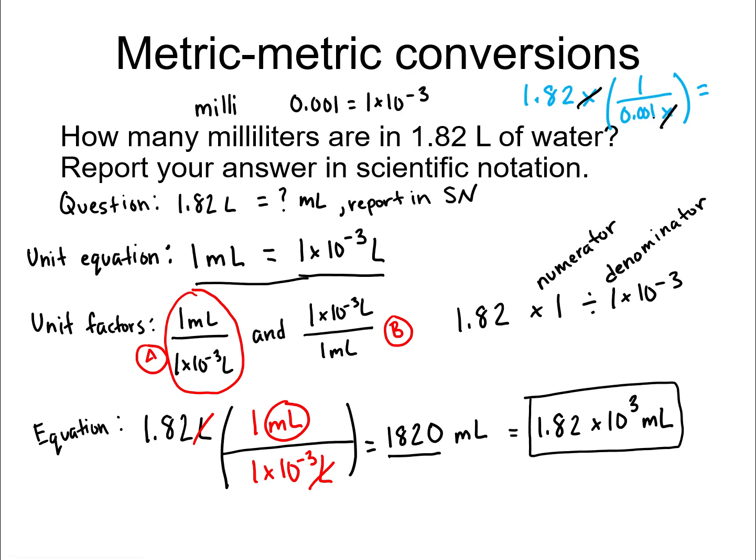But I've still got the numbers. I've got 1.82 over 0.001. So we still have to do the multiplication and division. We're just changing the units. Is that a little more clear?